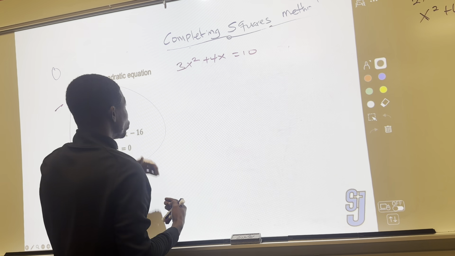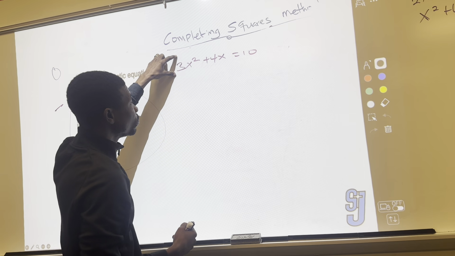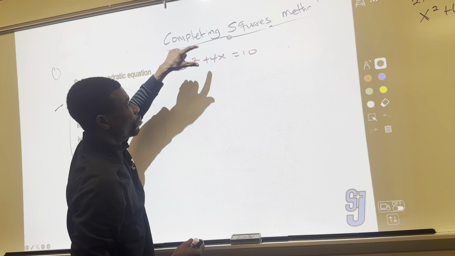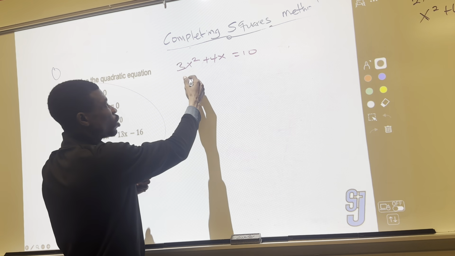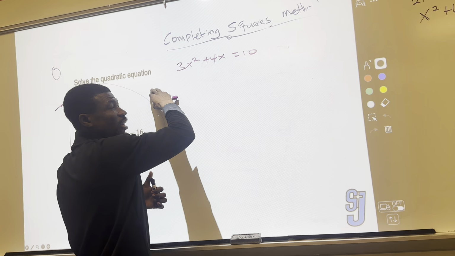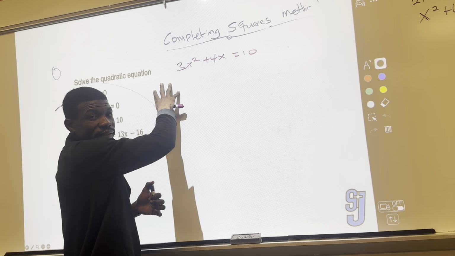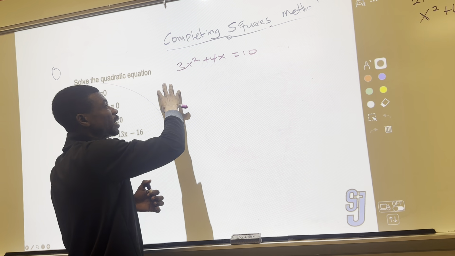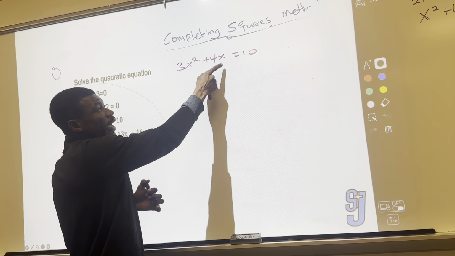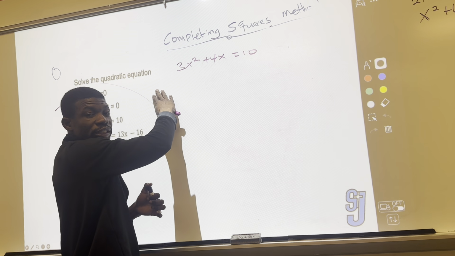So you have your first step, which, although not suiting this equation, is fine because you have your x squared and your x on the left side of the equation. Make sure that at every point in time, you have all values of x squared and x on the left side of the equation, and you'll be fine.